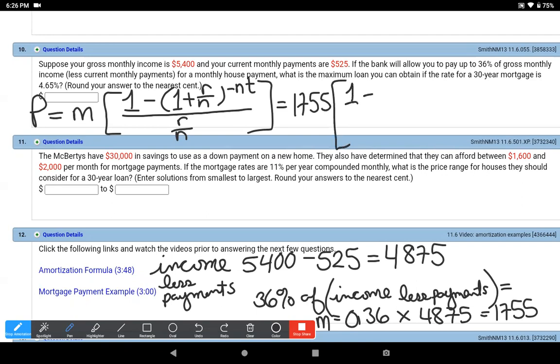Don't want to get too confident, but I think it is. So here we had a little r of 0.0465.